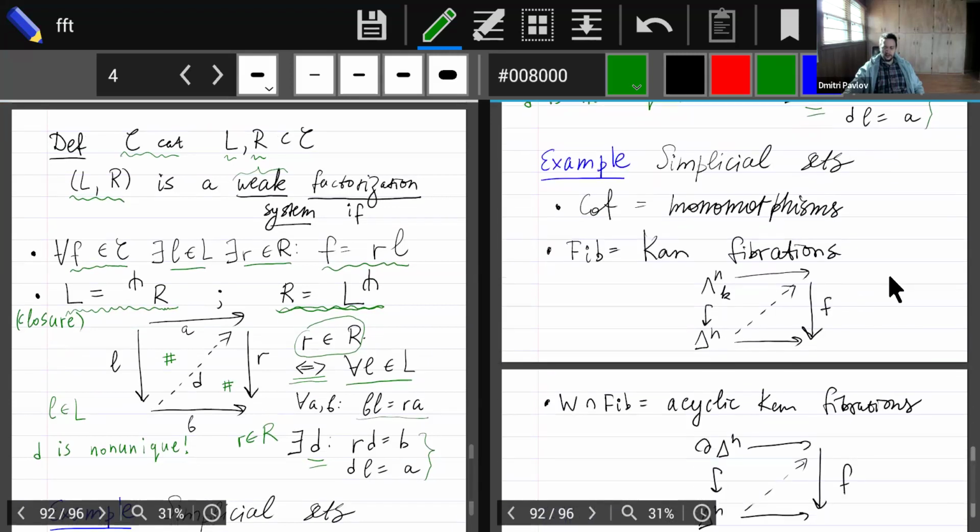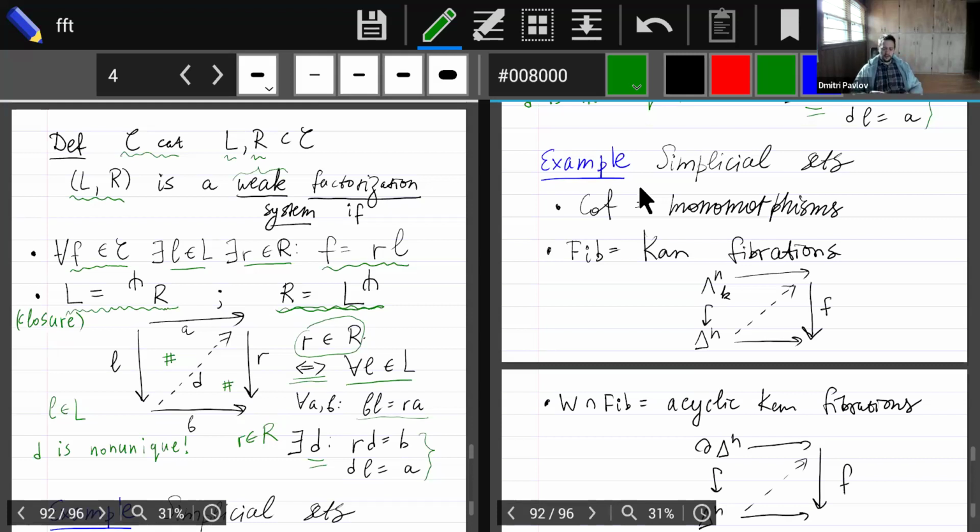Let's do, maybe, since spaces are the most typical possible example of an infinity one category, and I mentioned that model categories are supposed to be models for infinity one categories, and that's where the word model comes from. So a model category is a model for an infinity one category. Therefore, it would make sense to start with simplicial sets as an example of a model category.